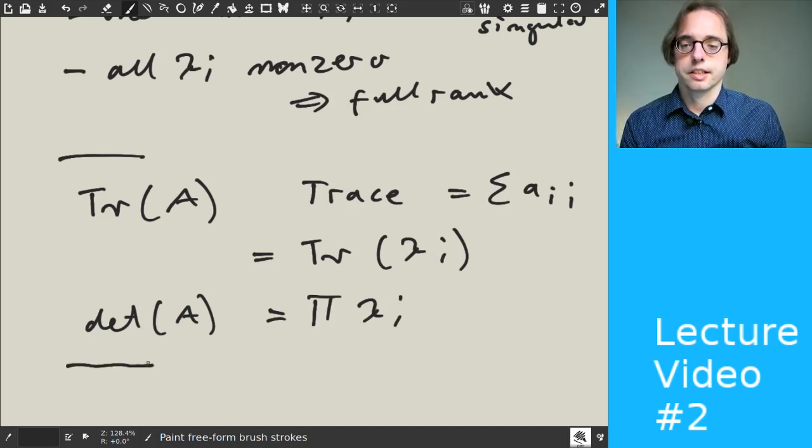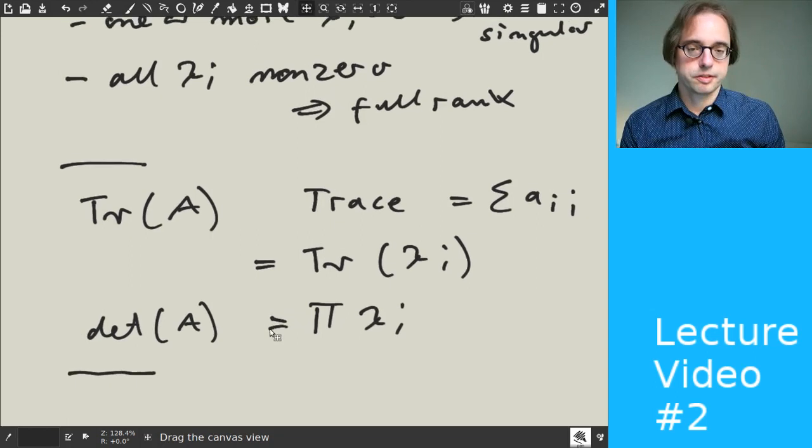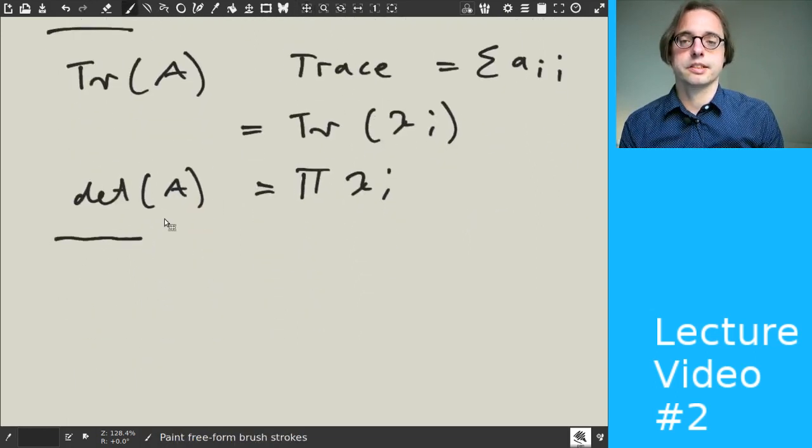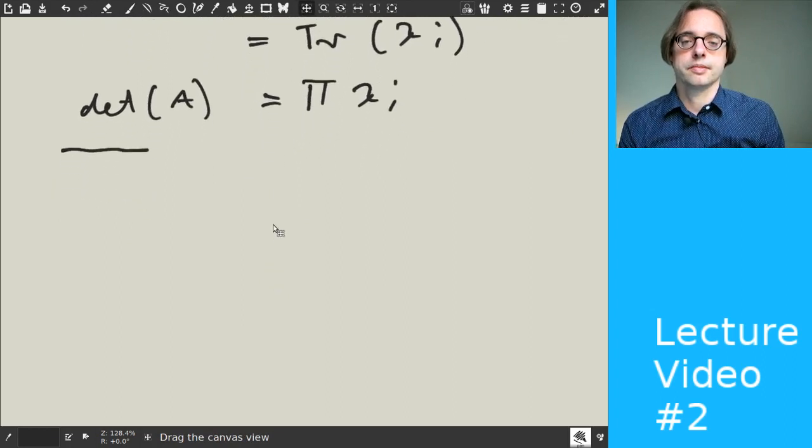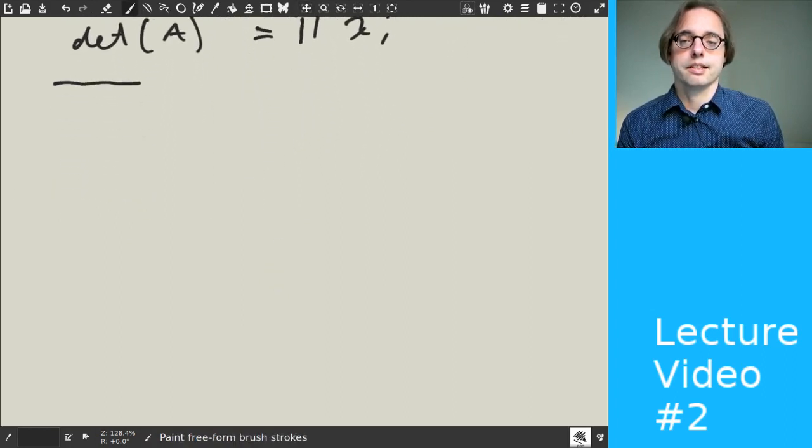And you'll see in a few minutes that there's an interesting connection between the trace and the determinant. And before we can do this, we need to see how we can actually compute functions of matrices.